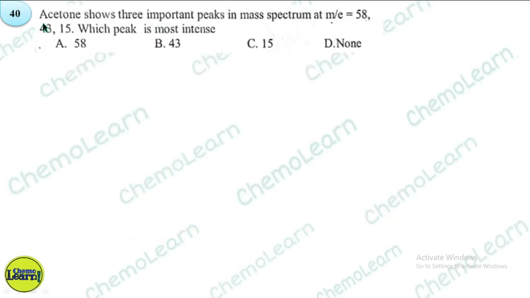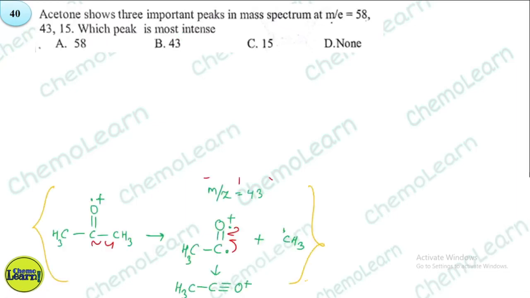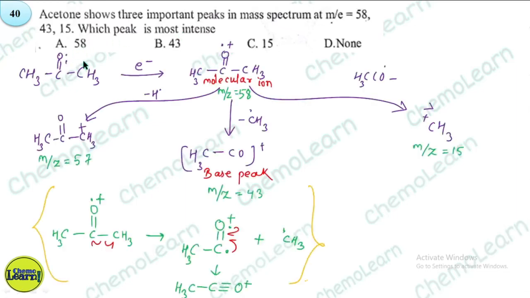Question number 40. Acetone shows three important peaks in mass spectrum, that is M/E at 58, 43, 15. Which peak is most intense? That means we have to find out the base peak. This is our acetone, a ketone molecule. Upon treatment with a high energetic electron beam, 70 electron volt, we can get the molecular ion.